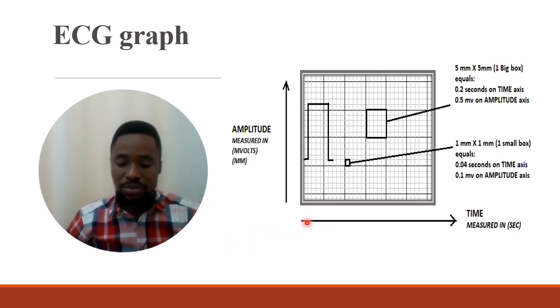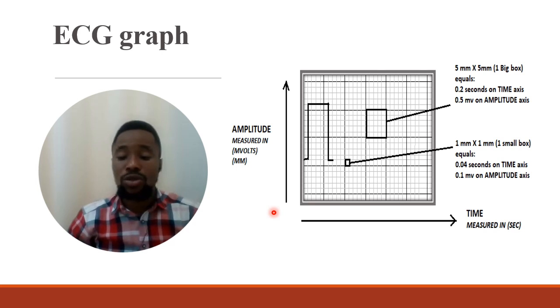In duration, the machine has been calibrated to run 25 millimeter per second. So you listen at this point, 25 millimeter per second. So if I count 25 small boxes like this, that's like 5 big boxes. What I'm saying is that this duration from here to this end is 1 second.